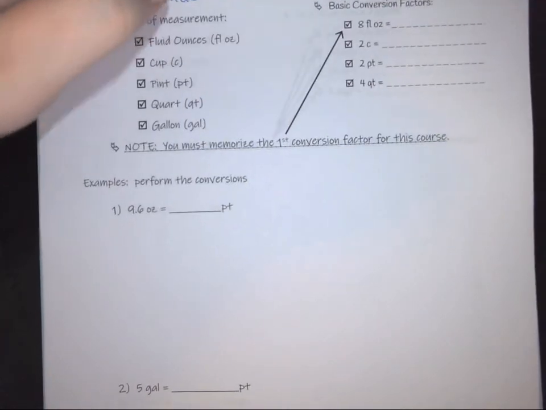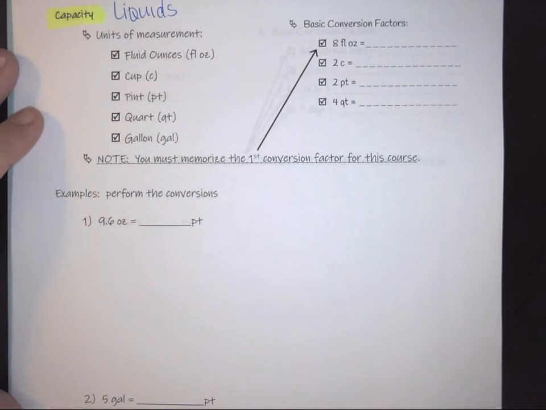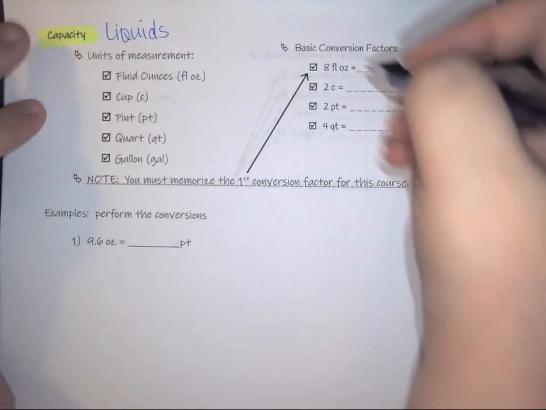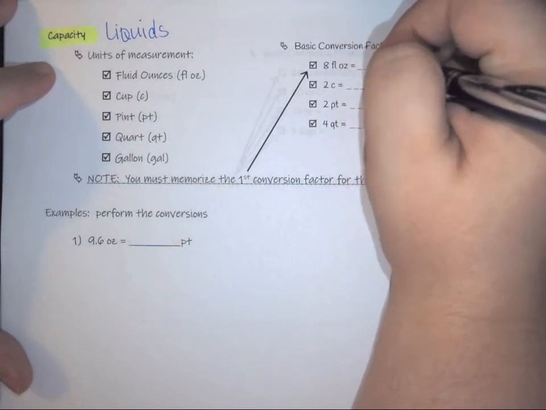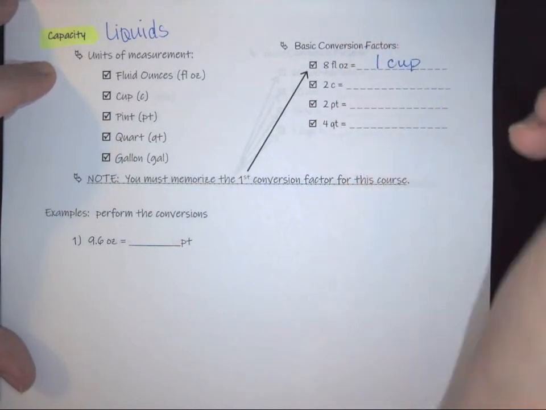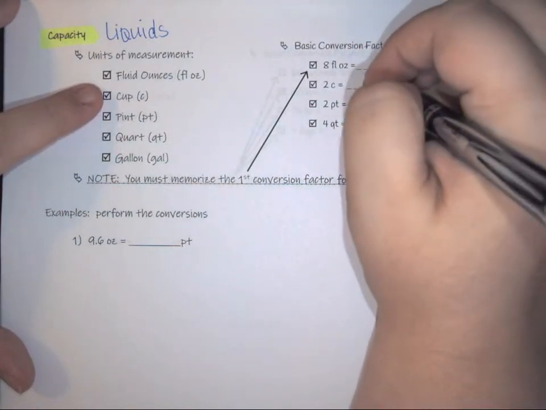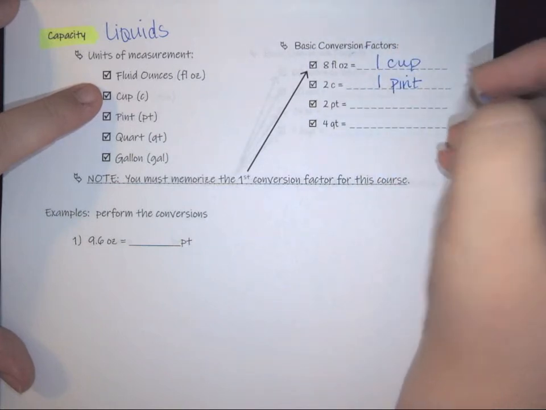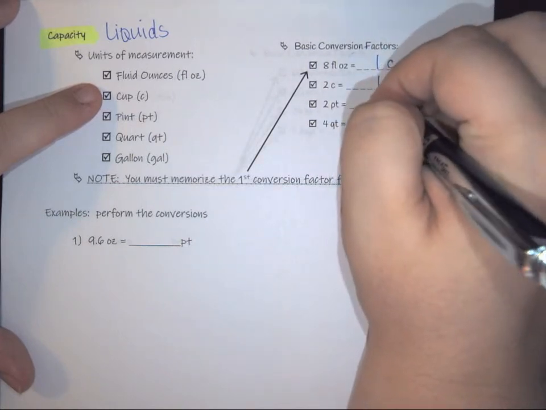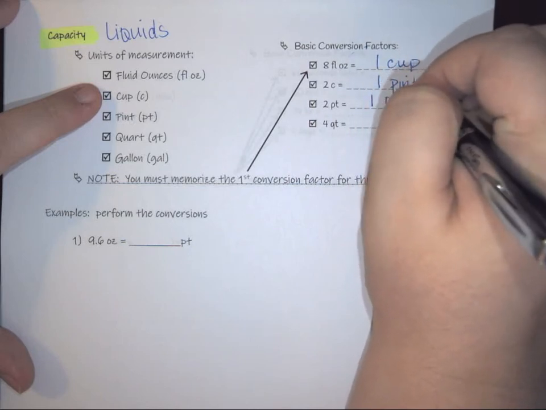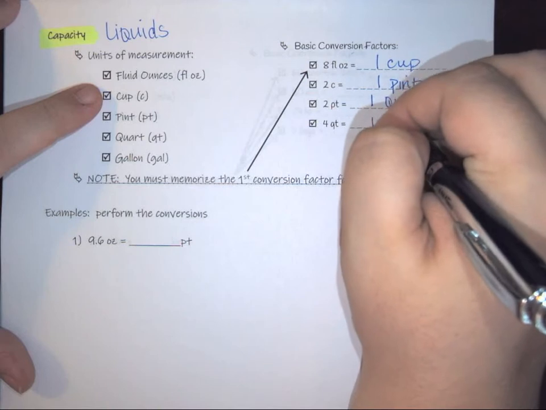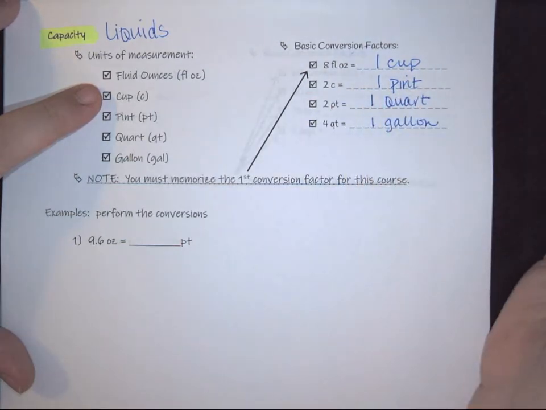And again, just like before, we have some conversion factors to keep in mind. 8 fluid ounces is the same as 1 cup. 2 cups is the same as 1 pint. 2 pints is the same as 1 quart. And then 4 quarts is the same as 1 gallon.